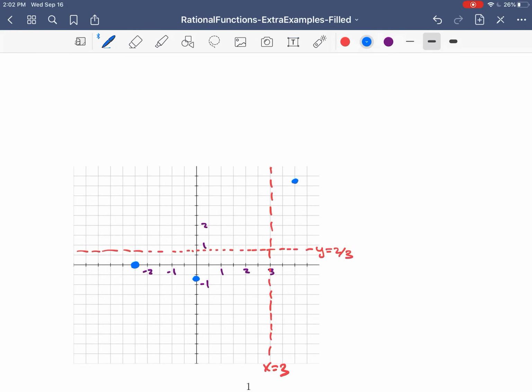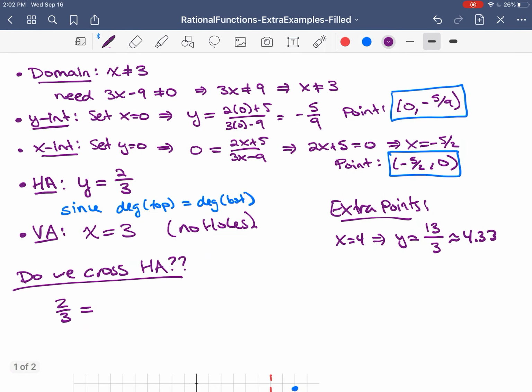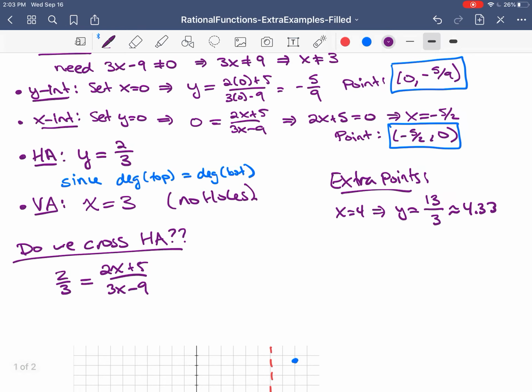Another thing we can do: remember you could cross a horizontal asymptote. Do we cross the horizontal asymptote? That means we want to know, is there an x value where the y value is equal to 2/3? So 2x plus 5 over 3x minus 9. We can cross multiply. 3x minus 9 is equal to 3 times 2x plus 5.